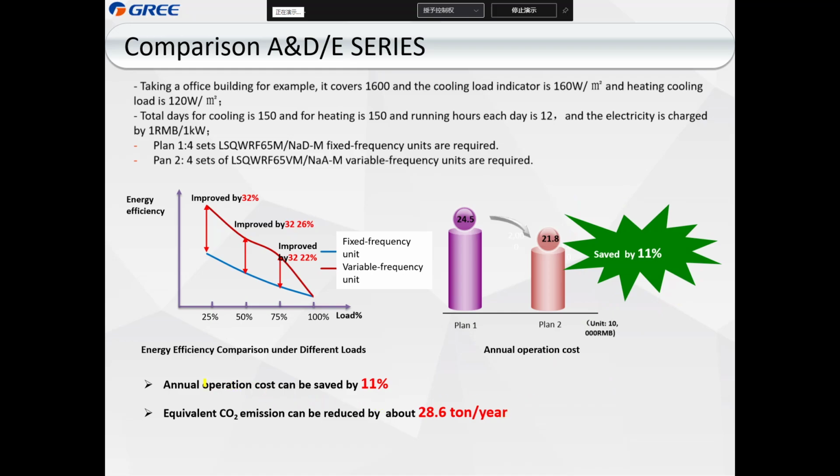The cost is saved, and the equivalent carbon dioxide emission can be reduced by about 28.6 tons per year. This is also ecological, with small energy use and better ecological efficiency.